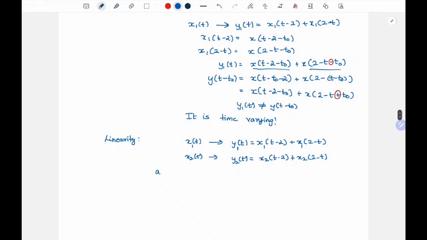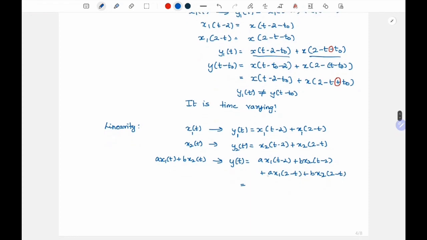So now let's take a superposition of these two, a x1 of t plus b x2 of t. So what will y of t be? It will be a x1 of t minus 2 plus b x2 of t minus 2 plus a x1 of 2 minus t plus b x2 of 2 minus t.